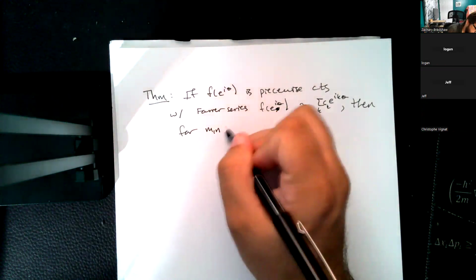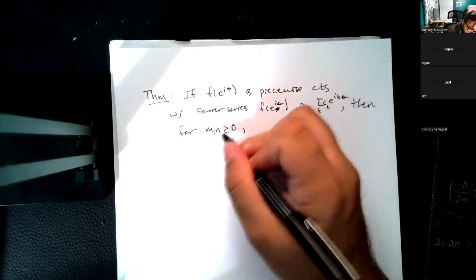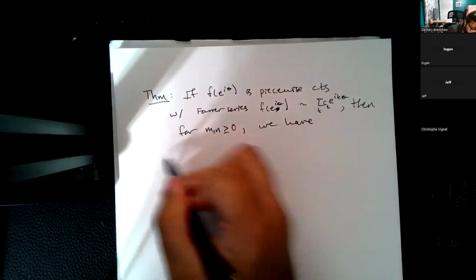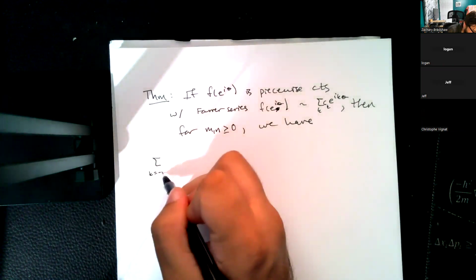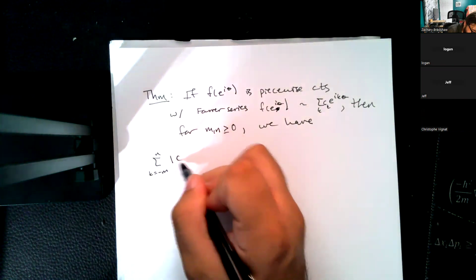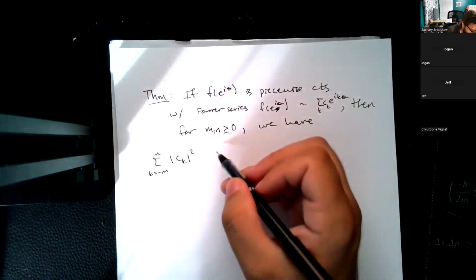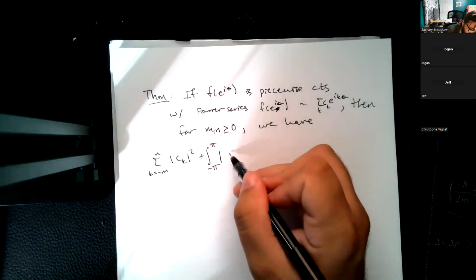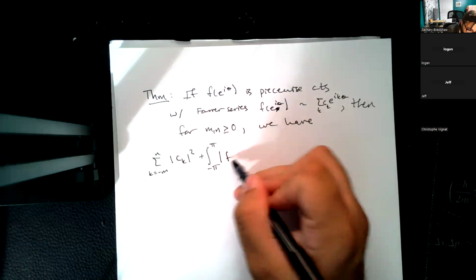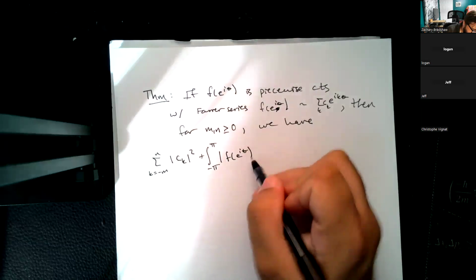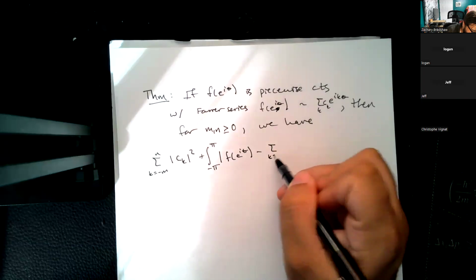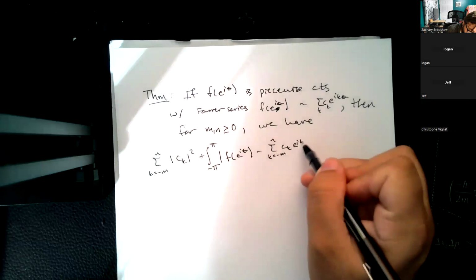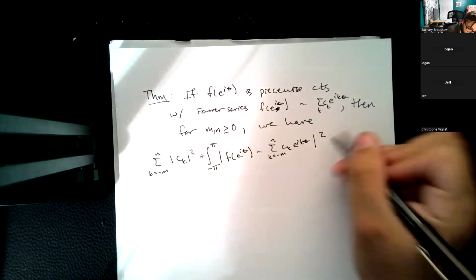for m, n greater than or equal to 0, so any choice of positive integers, we have the sum from k equals minus m to n of the modulus of c_k squared, plus the integral from minus pi to pi of the modulus of the difference between f of e to the i theta and this partial sum of the Fourier series, squared.